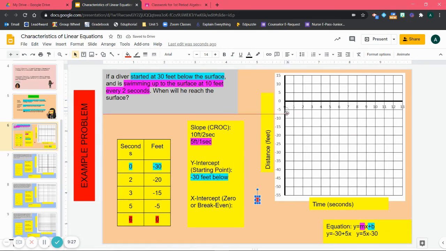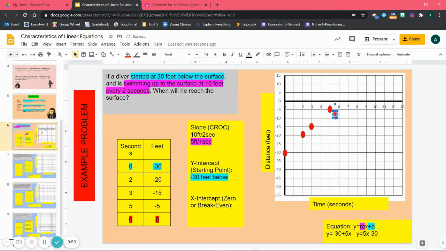So at 0 seconds, the diver was at negative 30. Make sure that you have your graph sketching. At 2 seconds, they were at negative 20. At 3 seconds, they were at negative 15. And at 5 seconds, at negative 5.